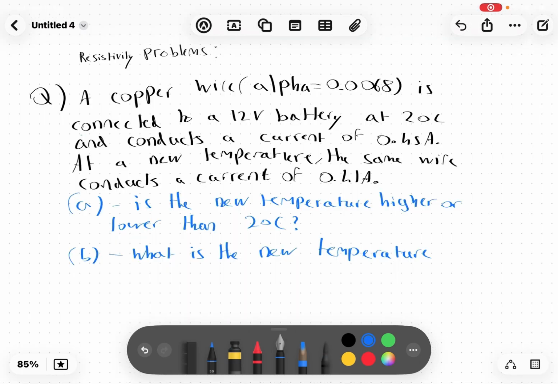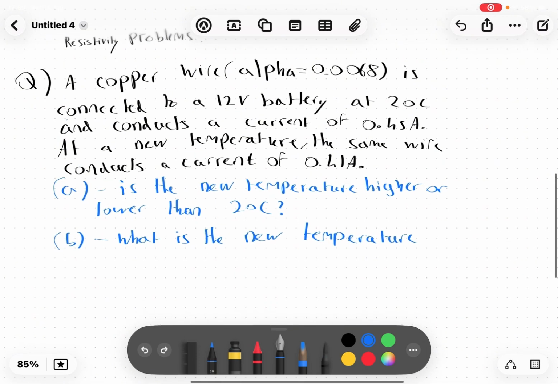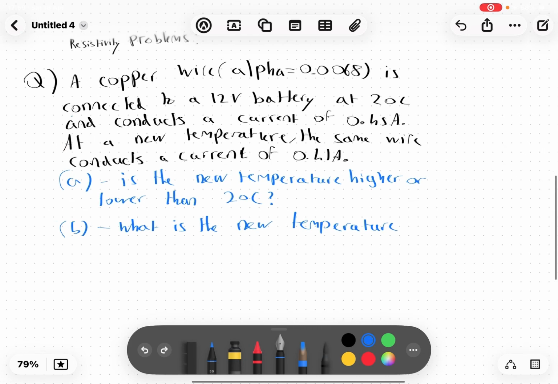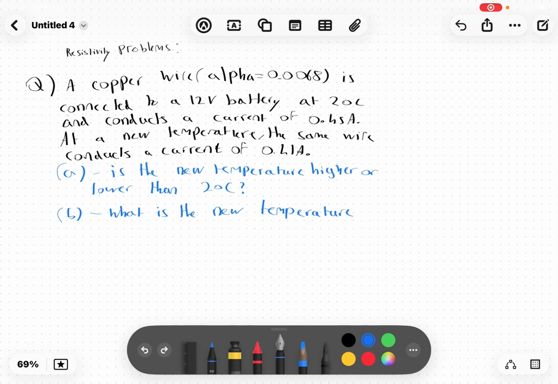So the next example question that we have: a copper wire, we're given the alpha, is connected to a 12 volt battery at 20 degrees Celsius and conducts a current of 0.45 amps. At a new temperature, the same wire conducts a current of 0.41 amps. Is the new temperature higher or lower than 20 degrees Celsius?